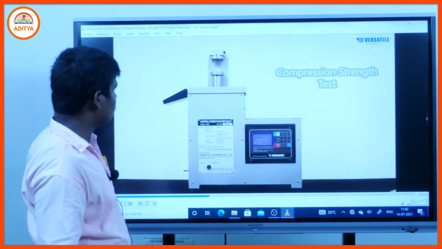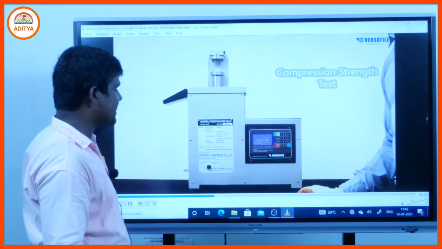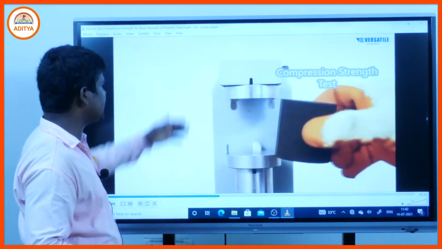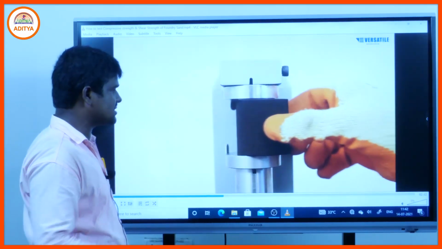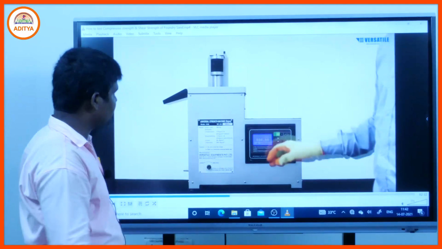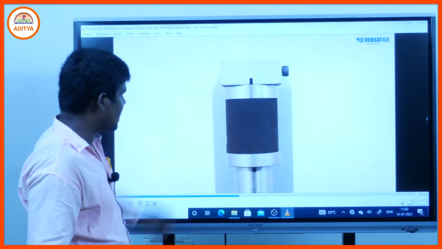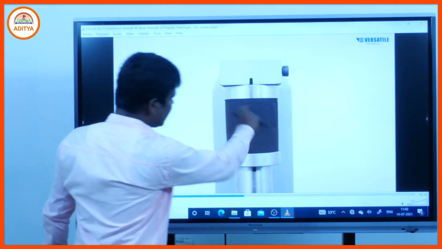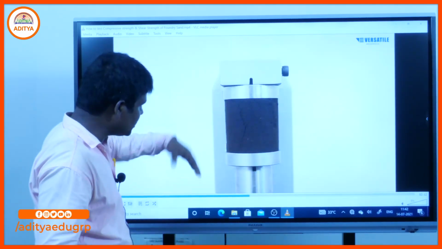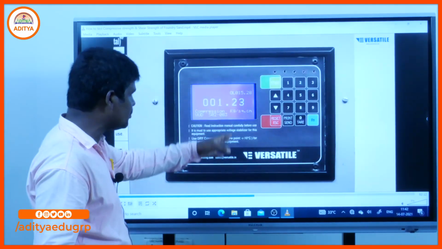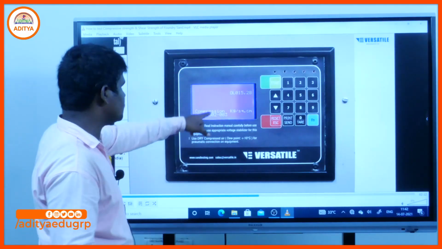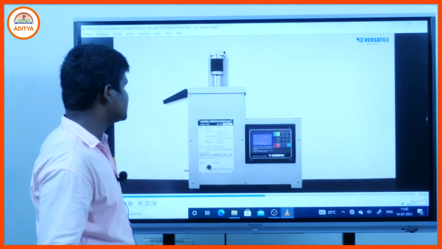First we take the standard specimen and keep it on that strength pad. Then we apply the load, and after applying it the specimen will crack. When it cracks, at that time we take the reading, and that reading shows the compressive strength.